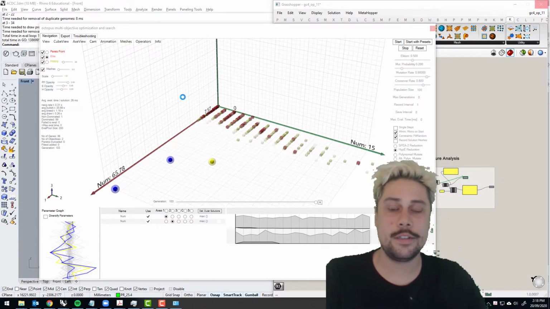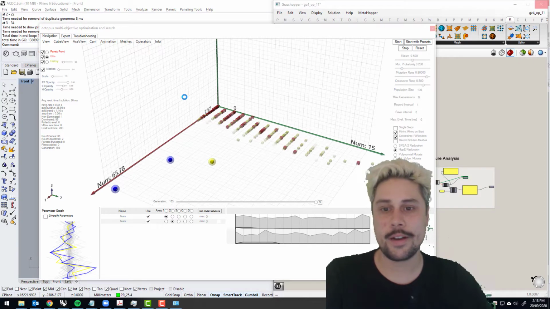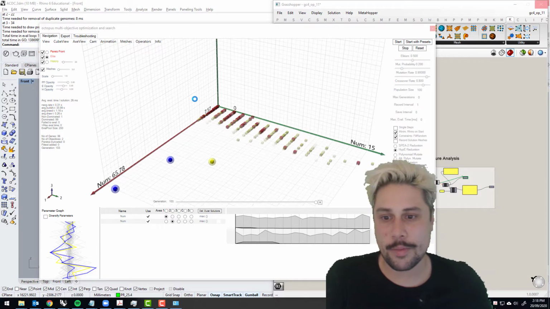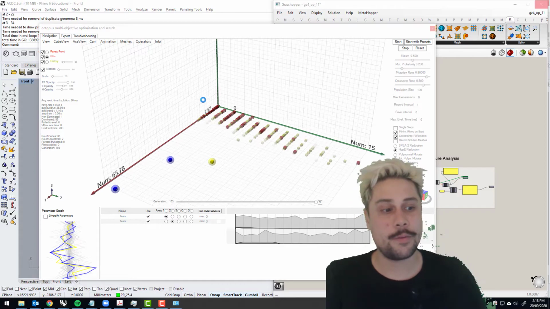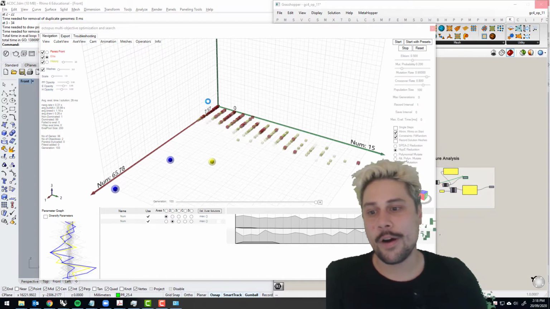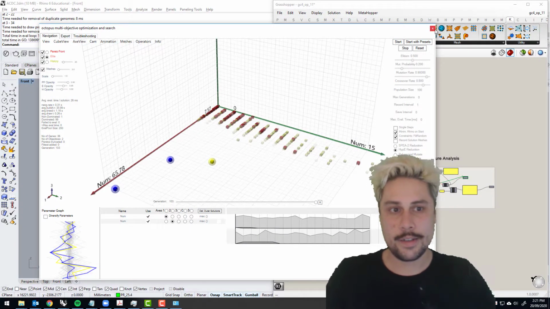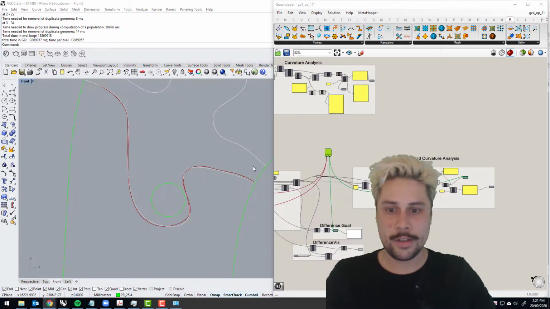And in any second now, we're going to be able to view Grasshopper properly, because it would have loaded and my computer would have got a little bit more life breathed into it. Alright guys, let's have a look at that now that it's loaded.